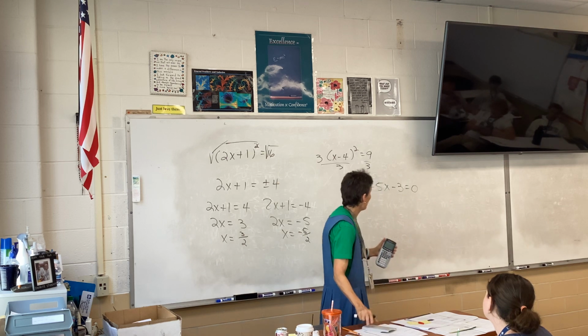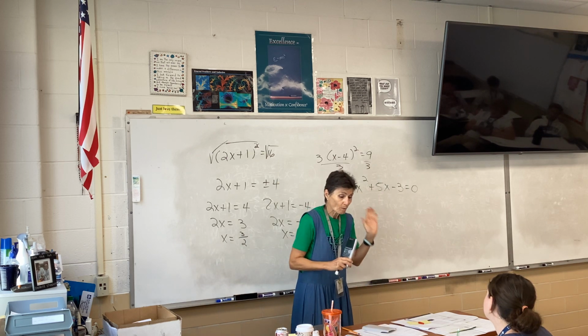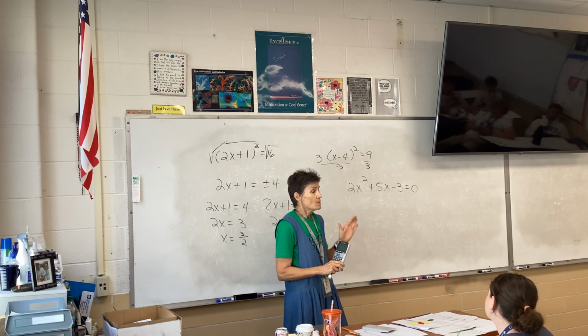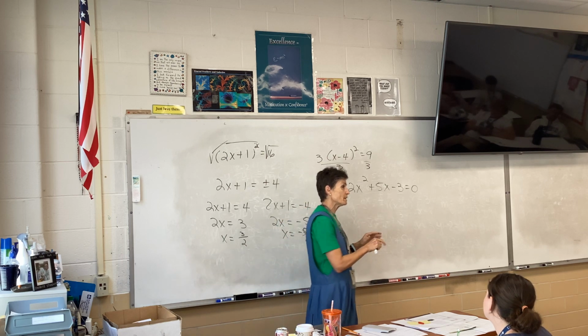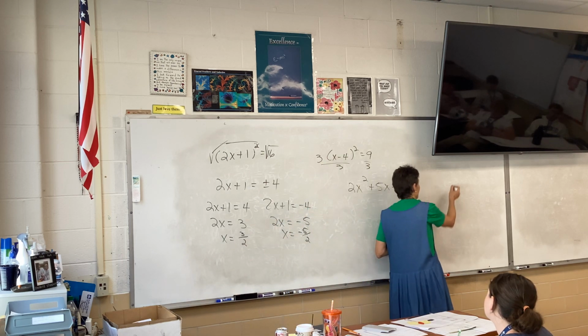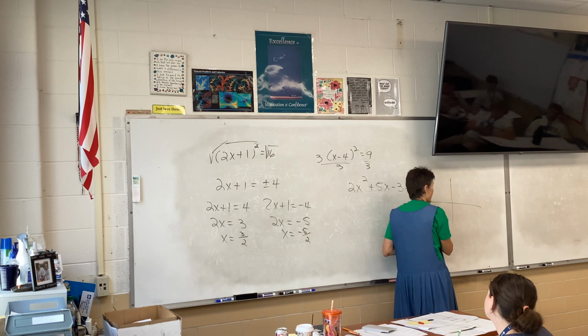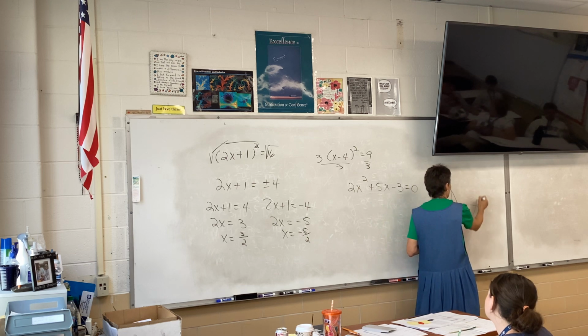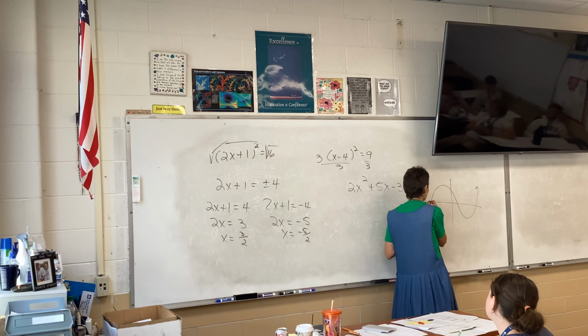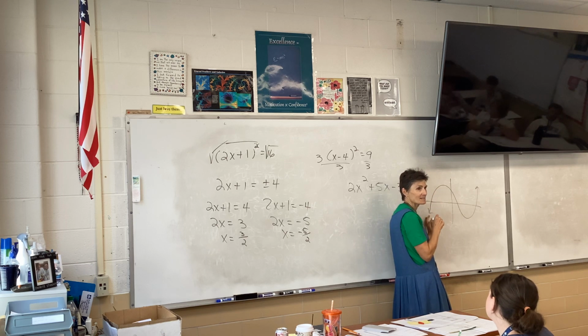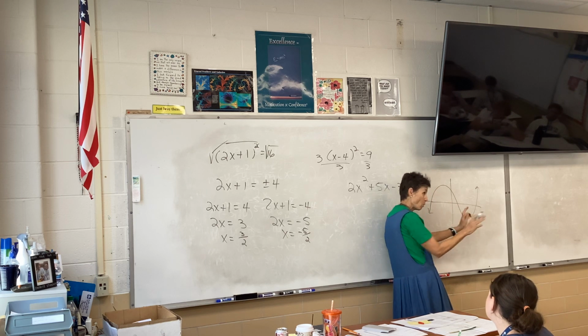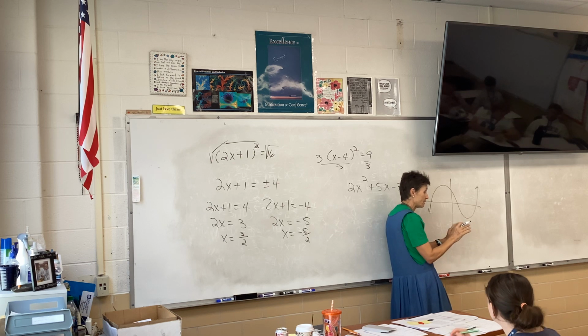So we're gonna solve this equation graphically. Now what that means is we're going to draw a picture of it, okay? This is not what it looks like. I'm making up this picture. But I'm going to graph it. Whatever equation they give me, I'm going to graph it.